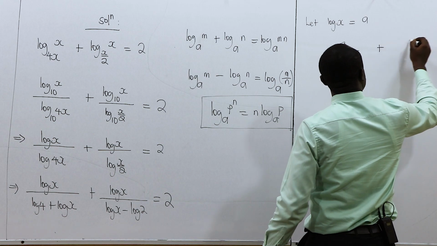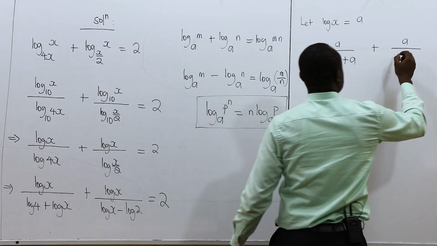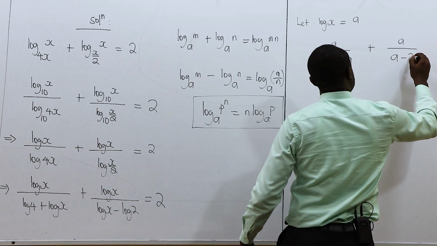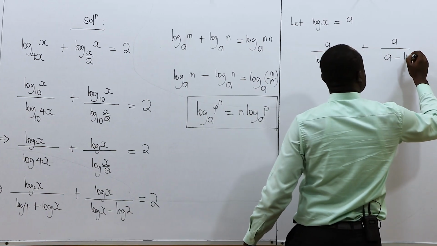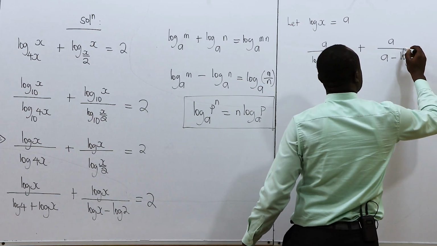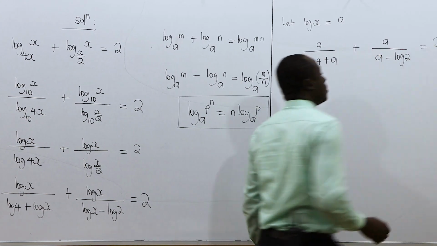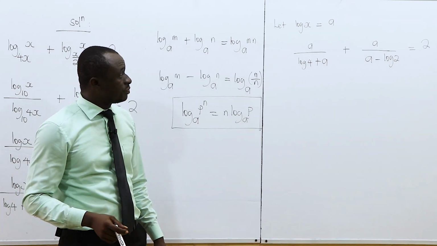And then we have plus a over log x minus log 2. Log x is a. So a minus log 2. And this is just equal to 2.